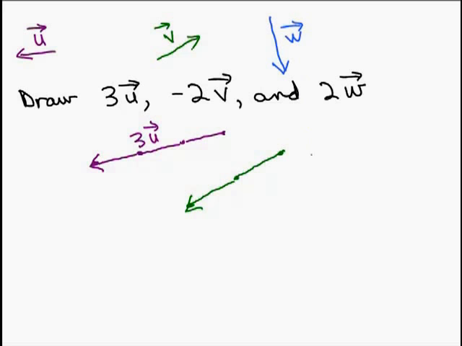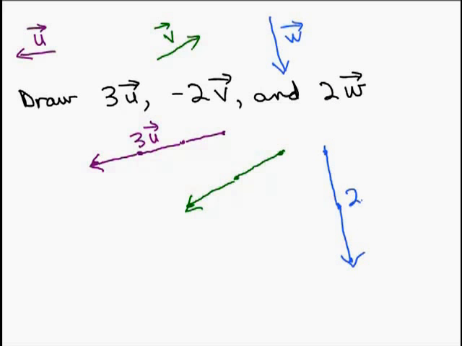So again, freehand drawing this, so I've got w, it's going about like that. That's about the right length approximately. And then you're just going to stretch it out, and it's going to keep the same direction.